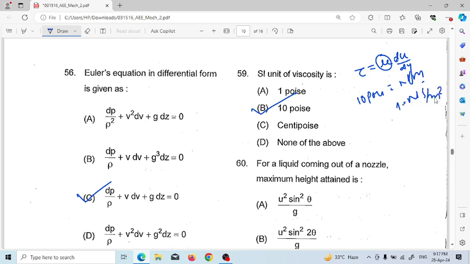So 1 Newton second per meter square is the unit of dynamic viscosity in SI, and this is equal to 10 poise. So 10 poise is equal to the answer.